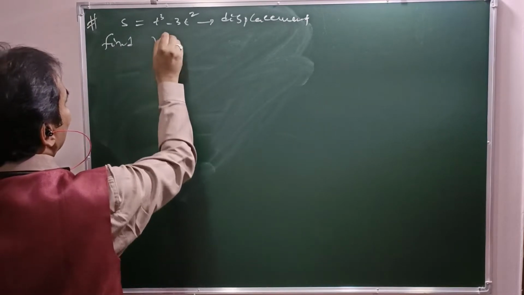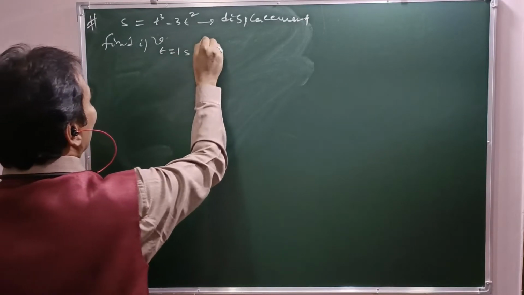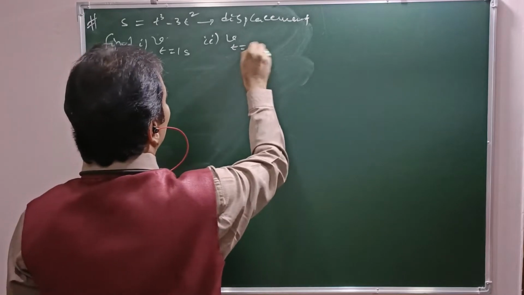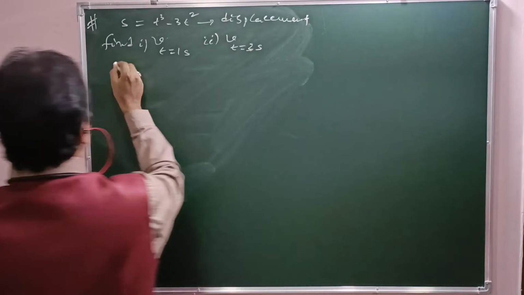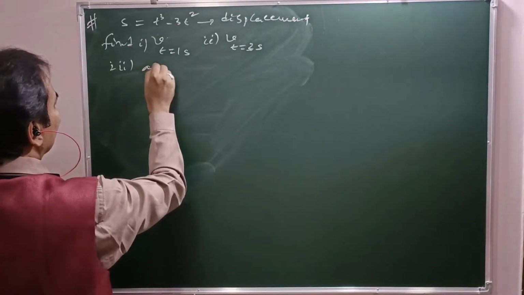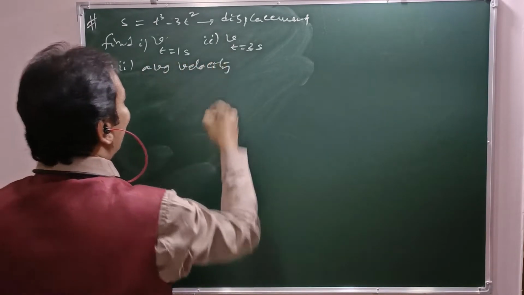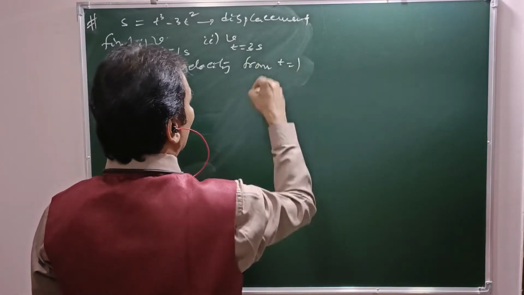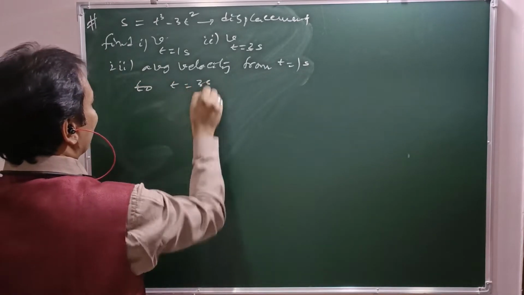velocity. Number 1, velocity at t equal to 1 second. Number 2, velocity at t equal to 3 seconds. Number 3, average velocity from t equal to 1 second to t equal to 3 seconds.